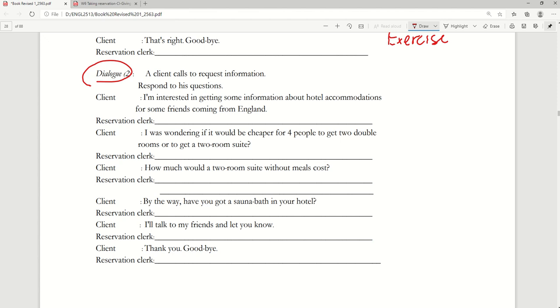This is the customer, right? The guest. But he asks for hotel information for his friend. And then you have to use your imagination. This is your dream, imagination.